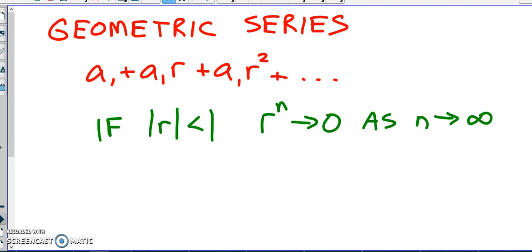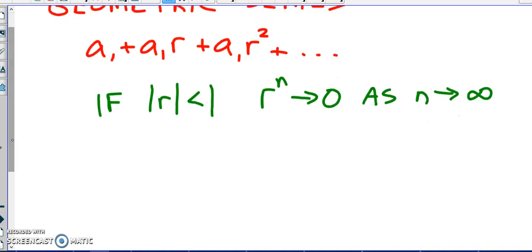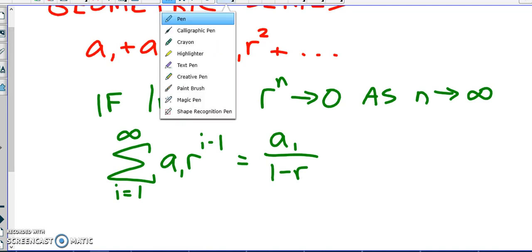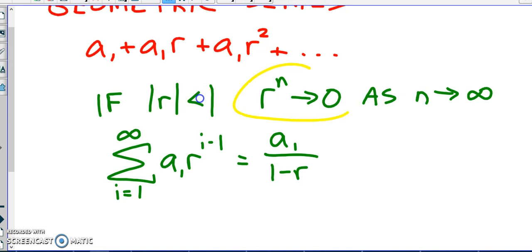So as a result, if we let n go to infinity, and we use our formula, the sum from i equals 1 to infinity of A1 R to the i minus 1 equals A1 over 1 minus R, because that 1 minus R to the nth would be basically 1 minus 0 because of this right here.